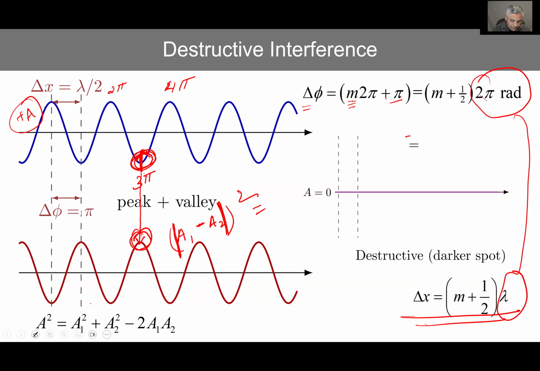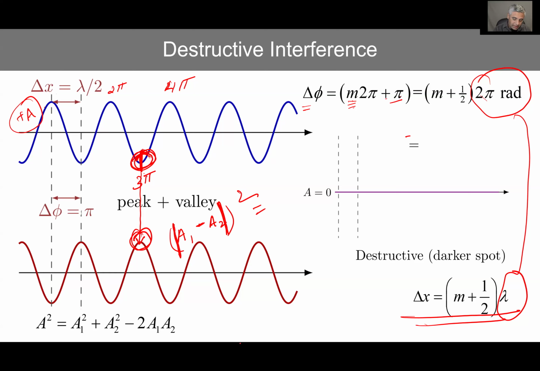Here these two terms are still positive, but this one is negative. For example, if two waves have the same amplitude, like in this case, we have A for this, and this one also has the same height, so we can say A.